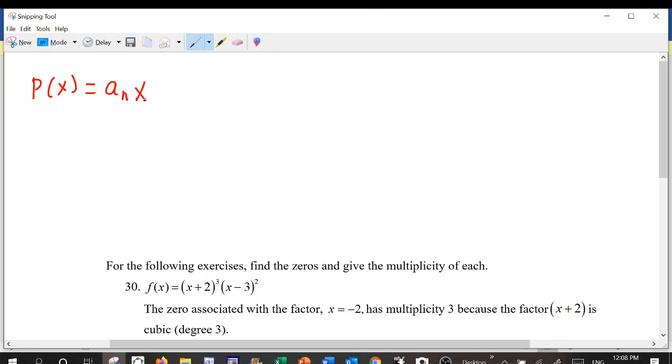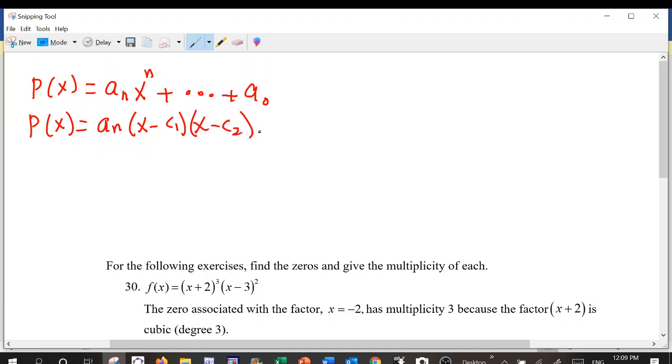A sub n x to the n plus dot dot dot plus a sub 0, or in factored form, A sub n times x minus c1 and then x minus c2 dot dot dot x minus cn. Now, of course, some of these c's could be the same, right?